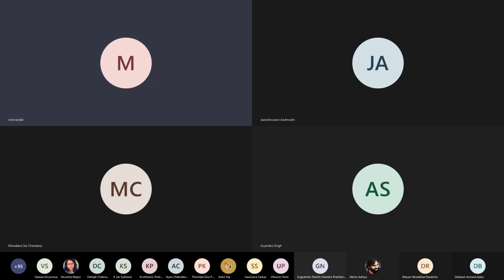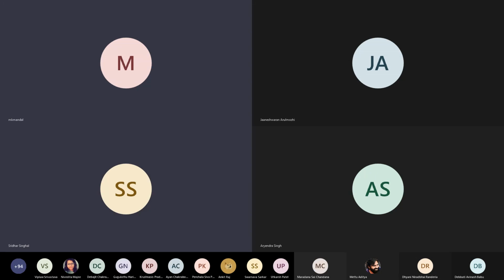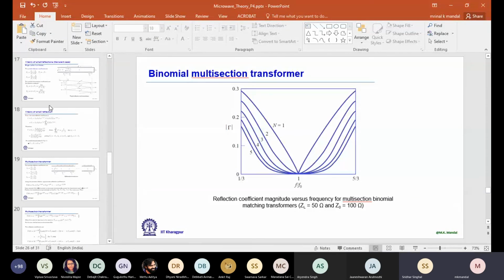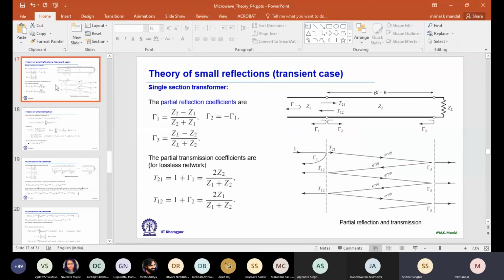When we were calculating gamma, for example, in the multiple reflection case, we took only Z2. That is because we were considering it at that point. But in the quarter wave transformer, we took the Z in instead of Z of the quarter wave transformer. So why is that so?